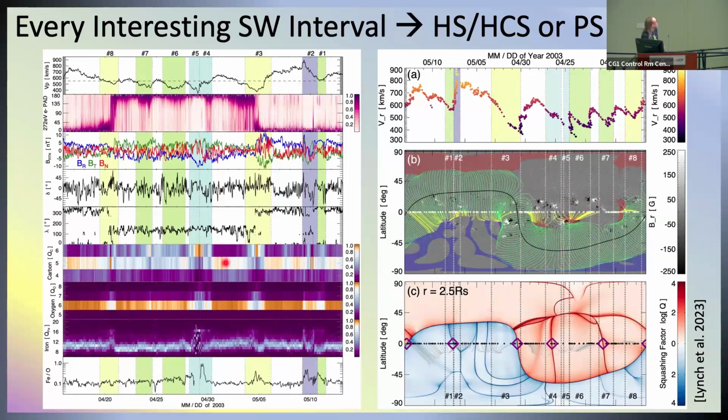And sure enough, for this particular solar wind interval, it turns out I'm sampling at 1 AU a ton of these arcs. So interval 1 is an arc. Interval 3 and interval 8 are both of those helmet streamer periods.